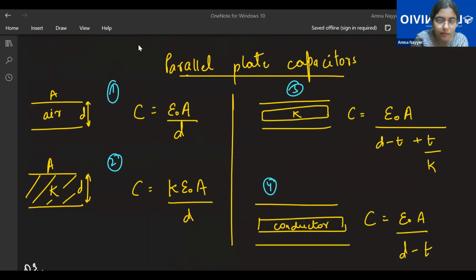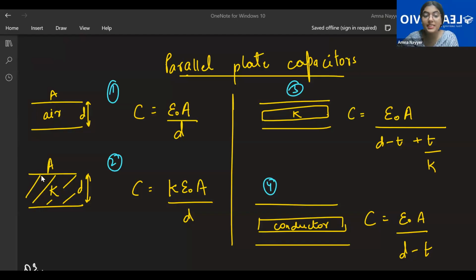Dielectric. You are not audible, Jasleen. Please type. Dielectric one, which one? First, second, third, or fourth? I've marked the numbers. Just pick the number.